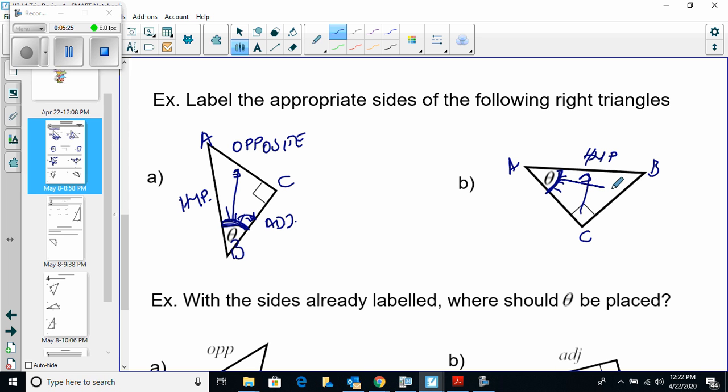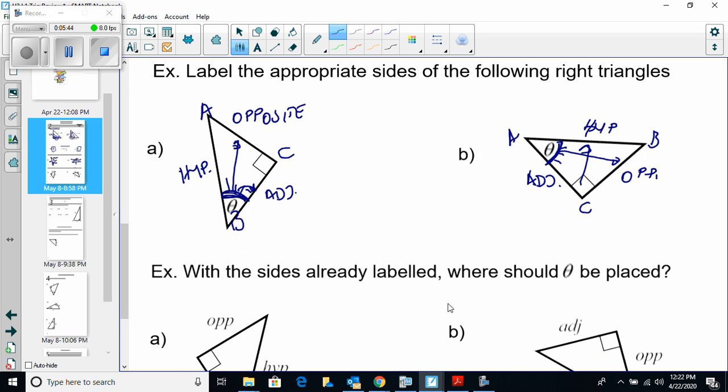So opposite of angle A is side BC, and this will be the opposite side, and side AC is the adjacent, where the angle is supported, and this is the adjacent side.